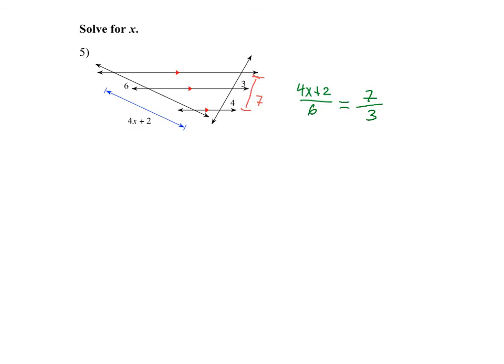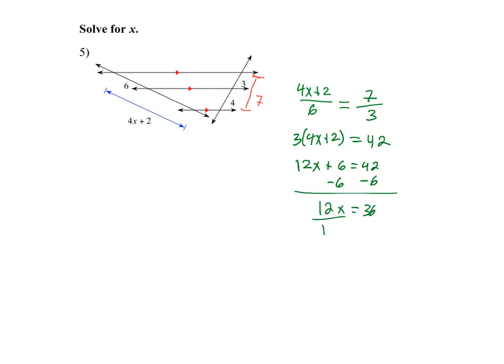So I'm going to cross multiply. So 3 times 4x plus 2 equals 42. So 12x plus 6 equals 42. Minus 6, 12x equals 36. Now I'm going to divide by 12. So x equals 3.